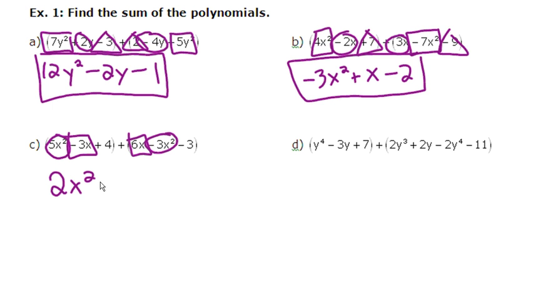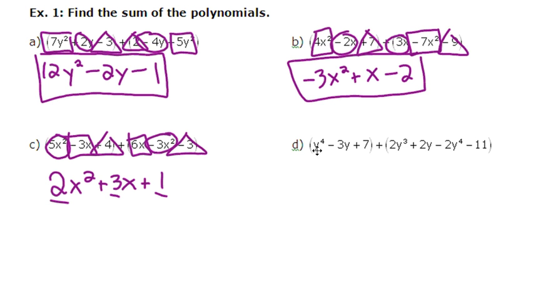Negative 3 plus 6 is positive 3x. And then my regular numbers. Positive 4, negative 3, 4 plus negative 3 is positive 1. Notice again that I've never changed the exponent. I've only changed the numbers in front of the exponents. So when you're adding and subtracting polynomials, you only change the numbers in front.